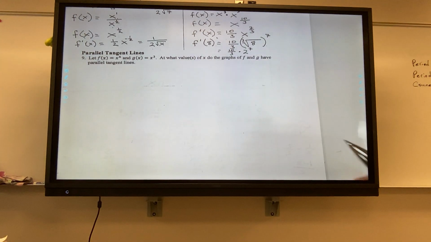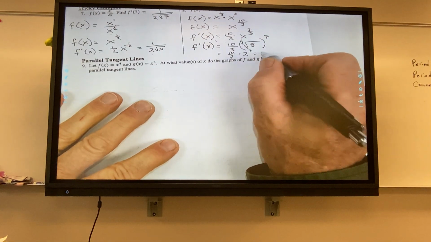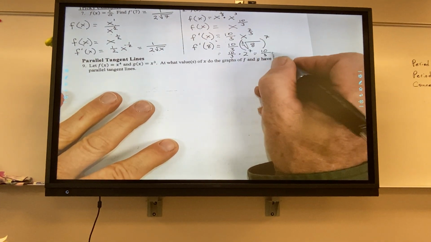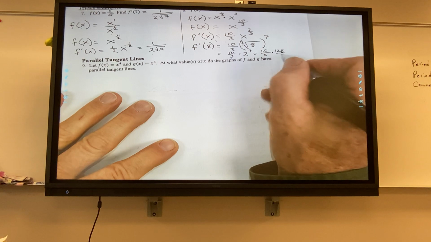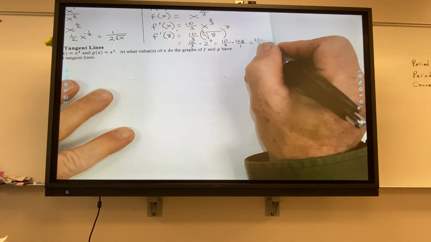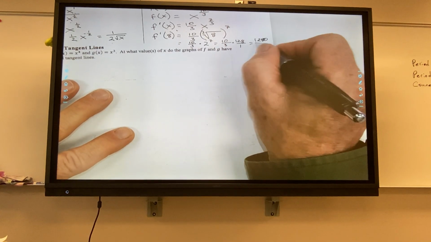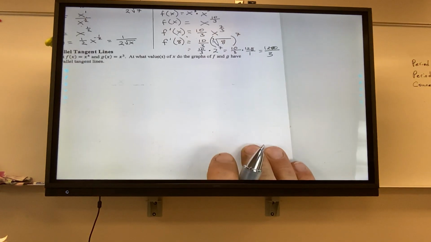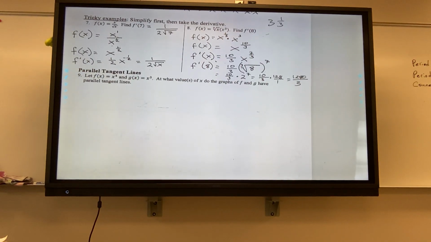Well, I got 2, 4, 8, 16, 32, 64. I'm just doubling, right? 128. So this is 10/3 times 128 over 1, which is 1,280 over 3. And I know you guys would probably do that on your calculator, but I was just having fun.